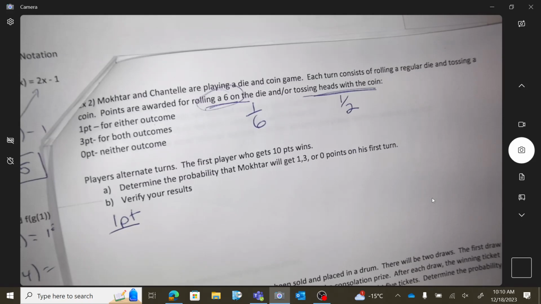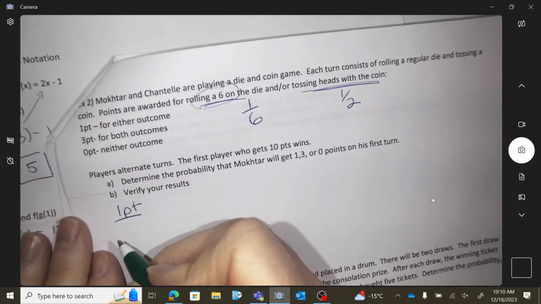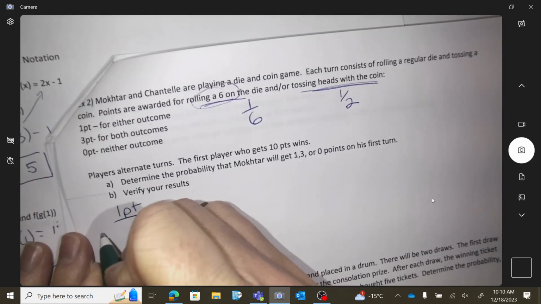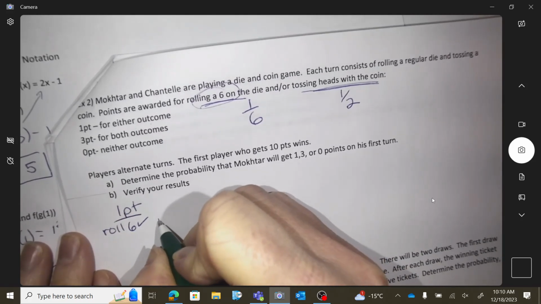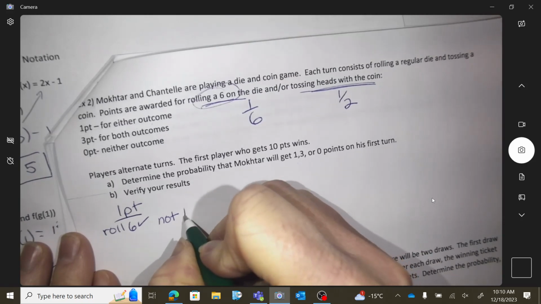So this might happen or this might happen. Okay, so the chances would be that you do roll the 6, but you do not get a head.